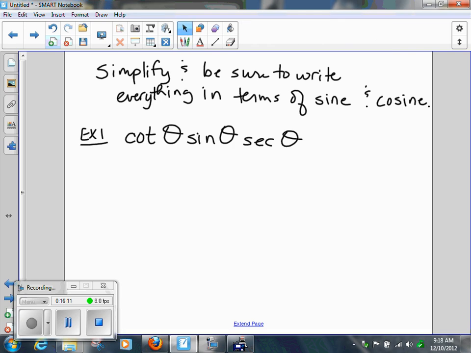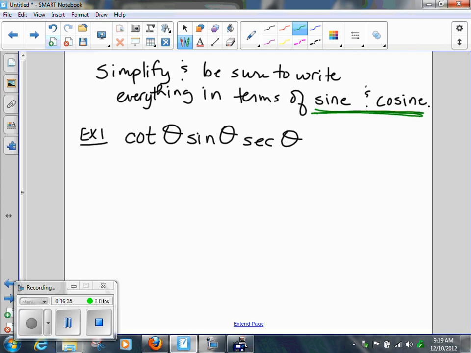What mathematical operation is in between cotangent, sine, and secant? Multiplication. Okay, so we know it's multiplication. We got to keep this right here. We have to either put this in terms of sine or in terms of cosine. So this is like fancy substitution.